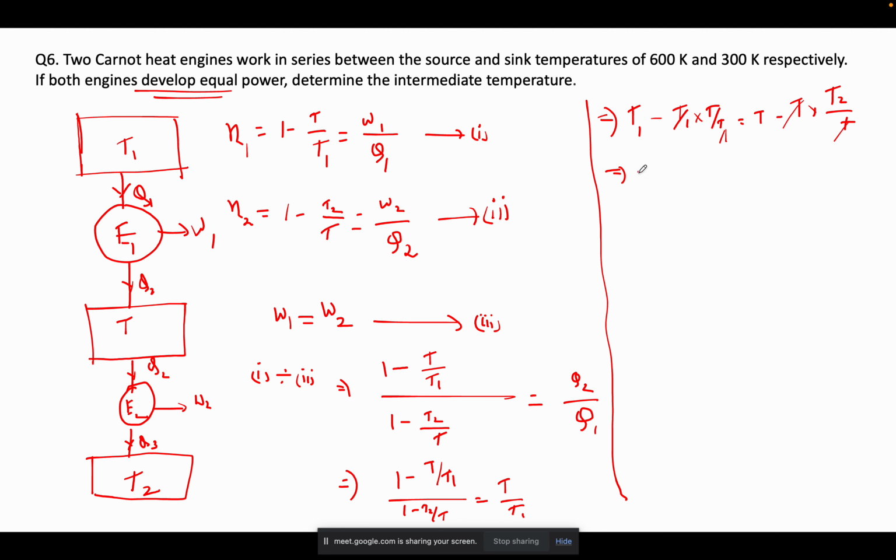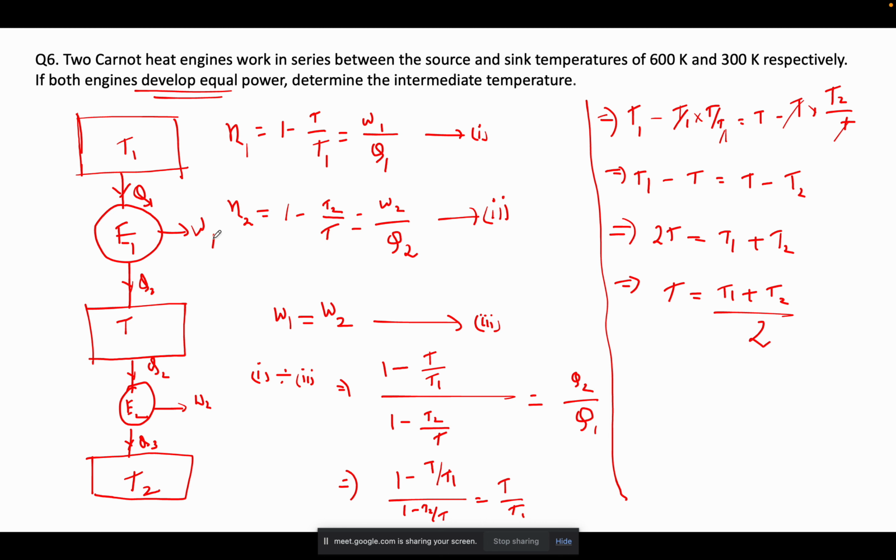What I got here: T1 minus T is equal to T minus T2. So from here, 2T is equal to T1 plus T2, and T is equal to (T1 plus T2) divided by 2.